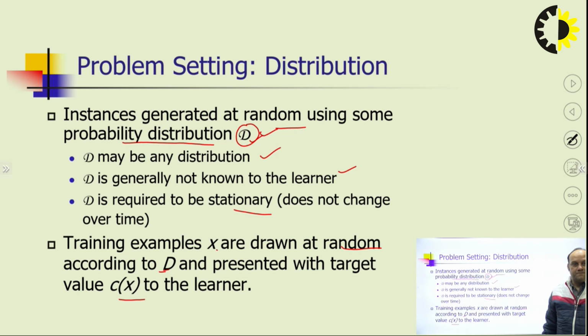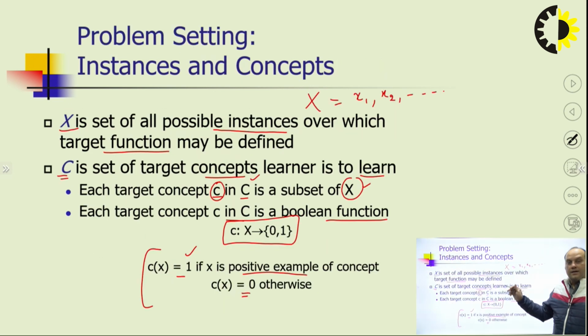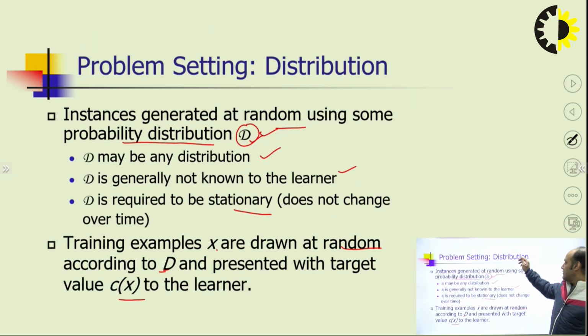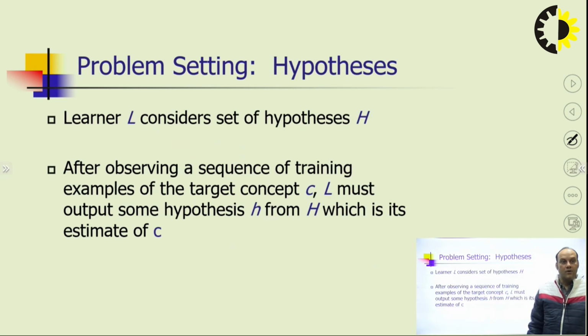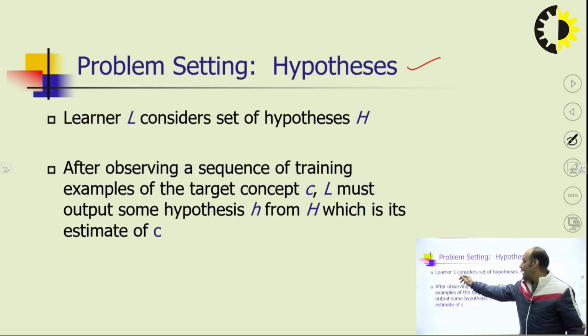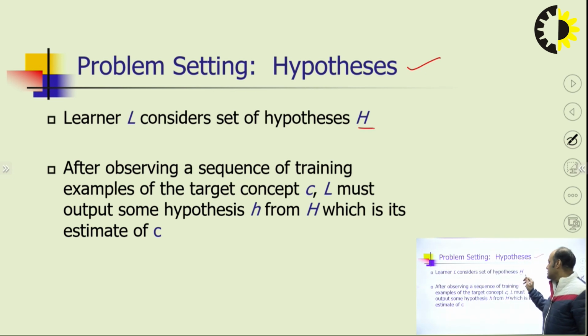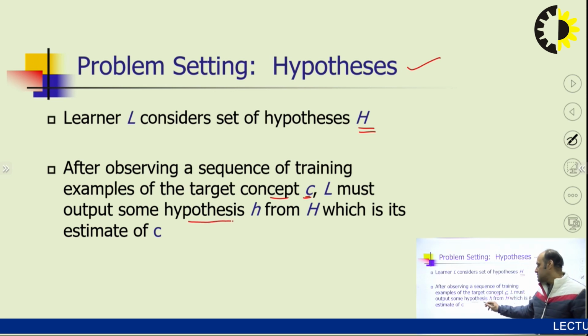So number one, we have seen the concept, the target function, and the instances. Then we have done the distribution. And now third is the hypothesis. Let the learner L consider a set of hypotheses, represented by capital H. After observing a sequence of training examples of the target concept, the learner must output some hypothesis.